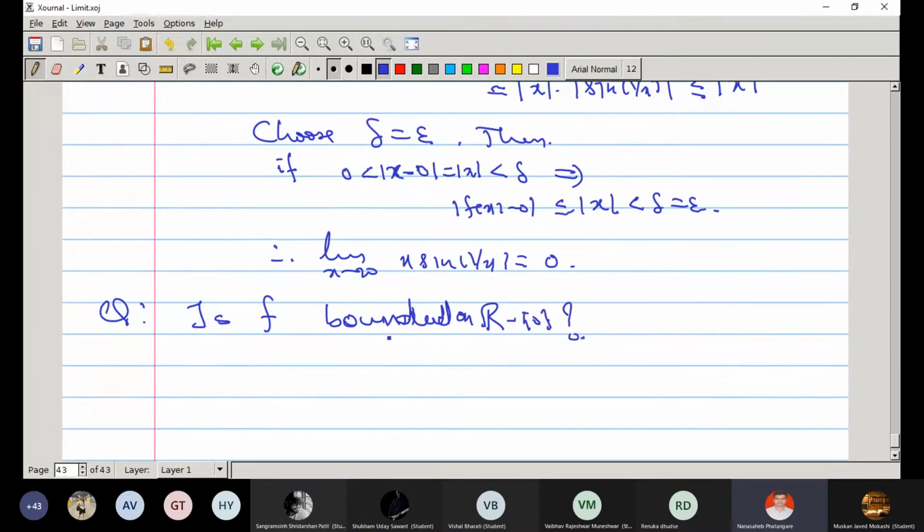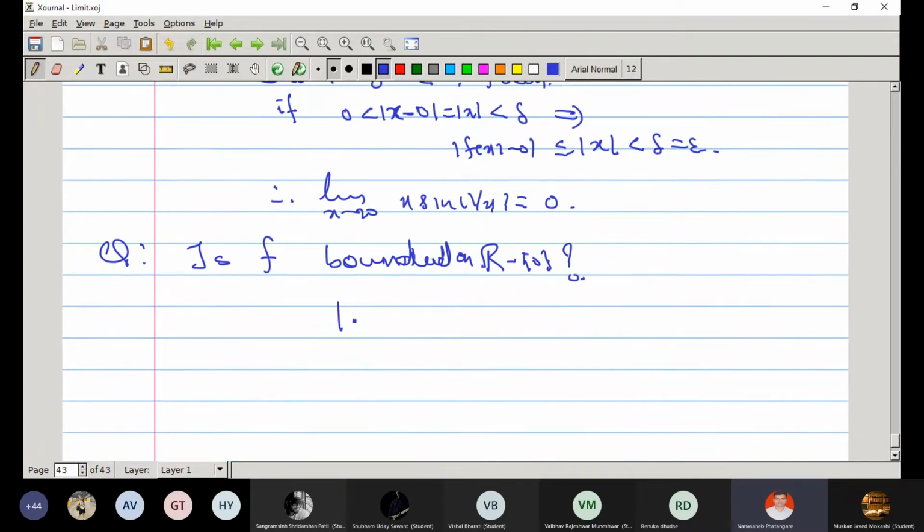And so here it is not easy to check whether it is bounded, because you cannot say that x sine 1 by x is less than or equal to x, and x is bounded. But x is not bounded because what is the domain? x varies over R. So this will not give you some number M. Do you understand?